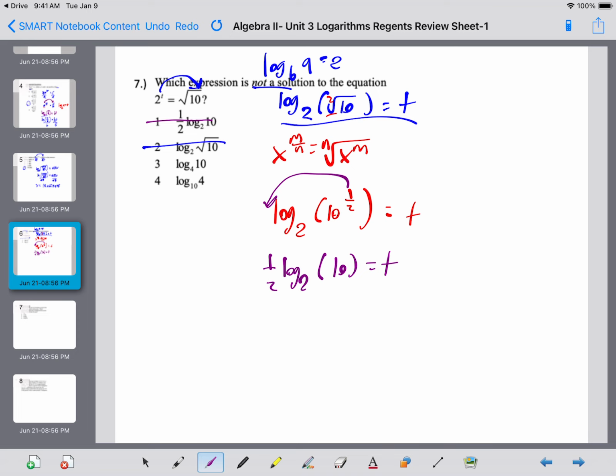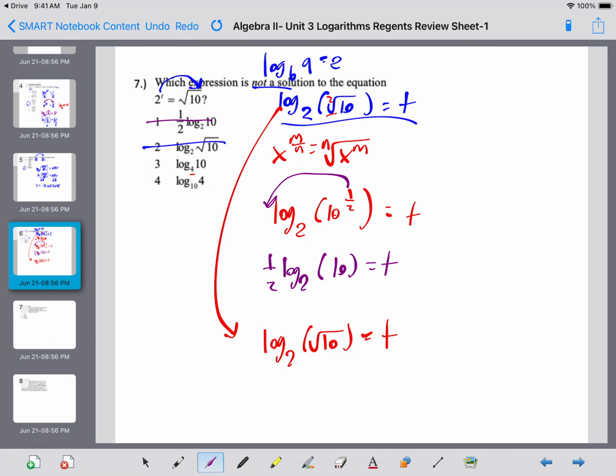And now, for this one, I'm going to rewrite this down here. Log base 2 of radical 10 equals t. Now, we know that in a log, they have to have proportionate exponents from the base to the argument. So how do I get from 2 to 4 using exponents? 2 squared.